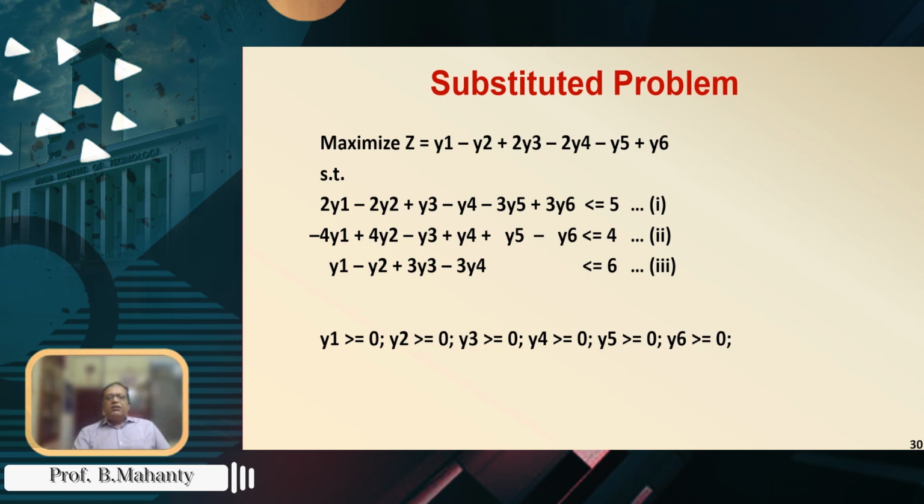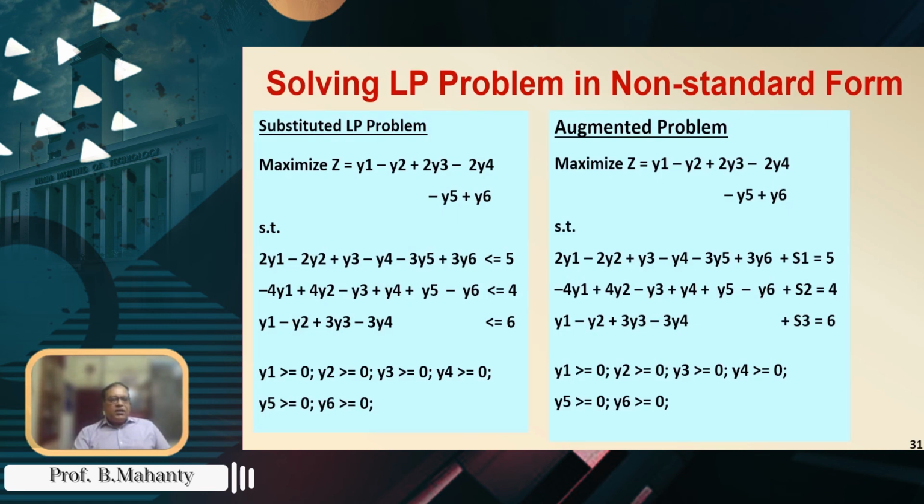That will be our substituted problem. Thereafter, if you add the slack variables to the substituted problem, that is S1, S2, S3, then we get what is known as the augmented problem. So we have the original problem, the substituted problem, and then the augmented problem.